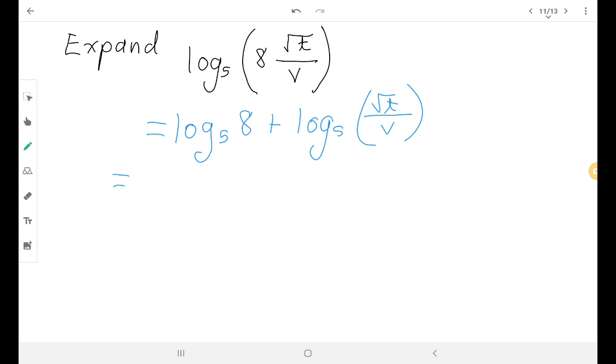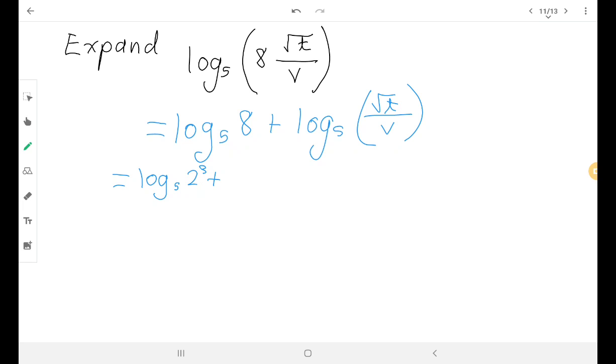So that's log base 5 of 8. We could do 2 to the third, but it's okay to leave it like that too. Plus, well, no, you know what? Let's call it 2 to the third. That way we can get a full expansion. Okay?